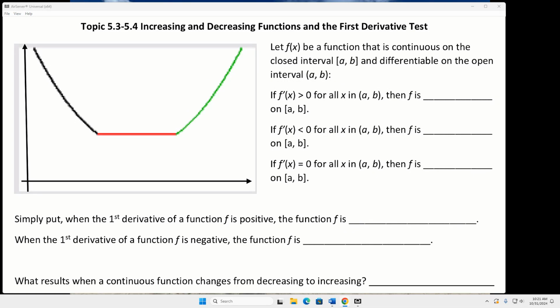So we have this function f of x, and it's continuous on the closed interval from a to b, and differentiable on the open interval from a to b. Looking at the black section on my paper, would you say the function is increasing or decreasing or constant there?